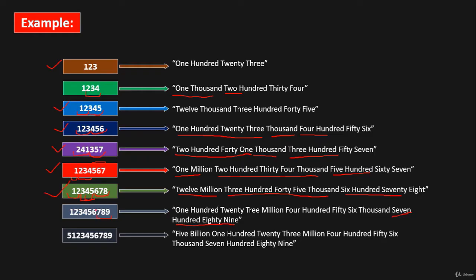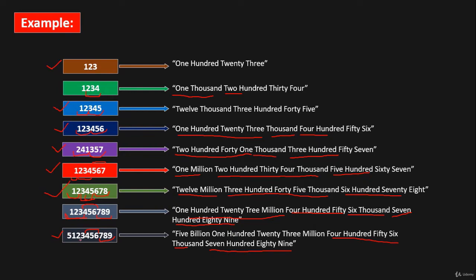Then the next 3 from the right is 456, for thousand, so 456,000. Then we have 123, the next 3 after thousand, so this 123 is for million. So 123 million. Then for the last integer, the last 3 digits are 789. Then the next 3, this is for thousand, 456,000.